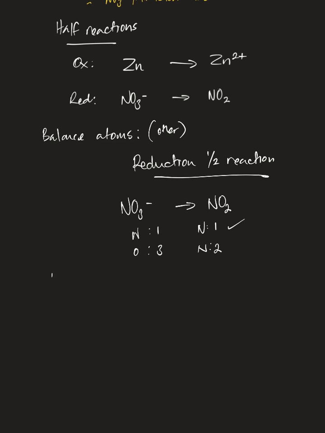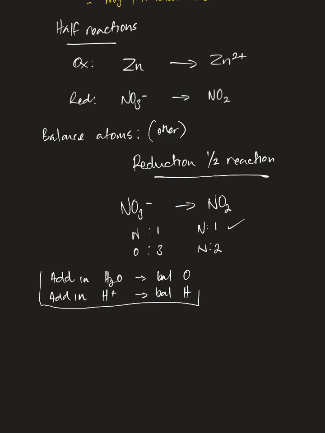The next thing says that I need to add in H2O so that I can balance the O, and I need to add in H plus ions to balance the H. So I'm going to do that next. I must look at the side that is more oxygen deficient.